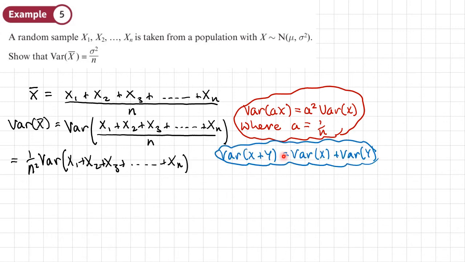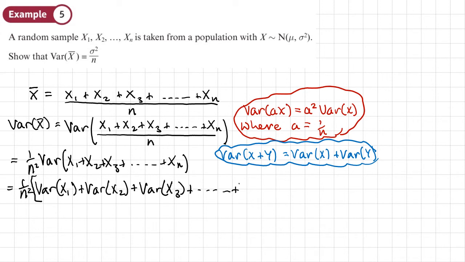Now I can use this rule here basically to separate out all of these variances. So 1 over n squared times the variance of x1 plus variance of x2 plus variance of x3 plus all the way up to the variance of xn.